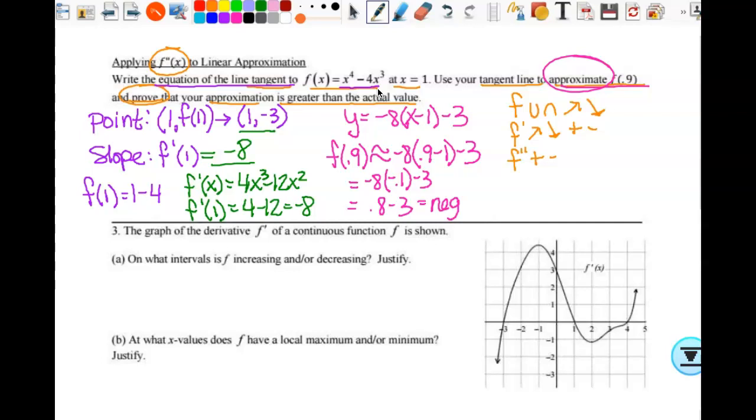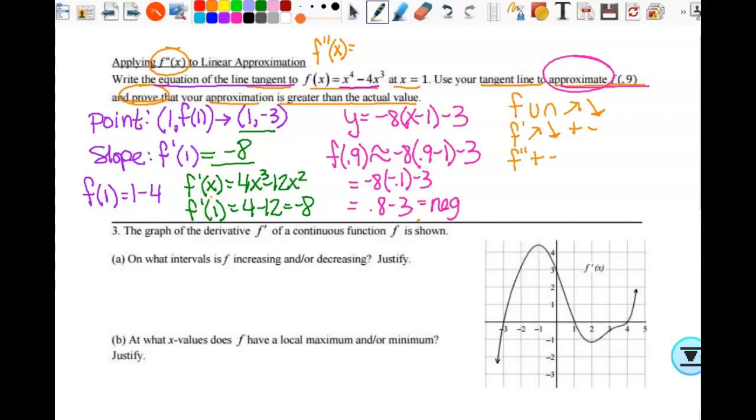And then I'm going to find the second derivative. So f double prime of x equals, right? And I'm sorry, I was talking about the negative like this was the second derivative, and it's not. My brain got ahead of me again. But here's my f prime.